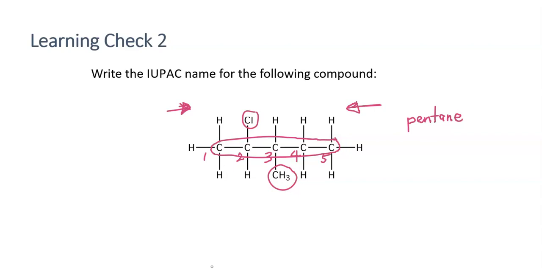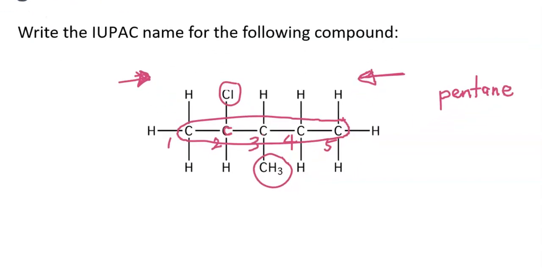Okay, now we need to locate the positions of the carbon atoms which contain the substituents. Now we have a chlorine atom on the second carbon atom and a methyl group on the third carbon atom.